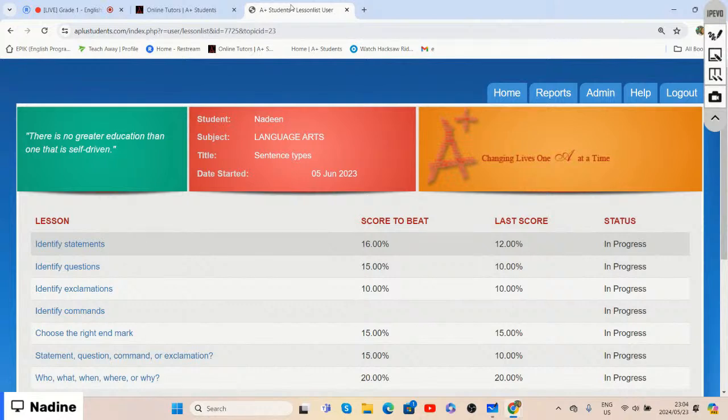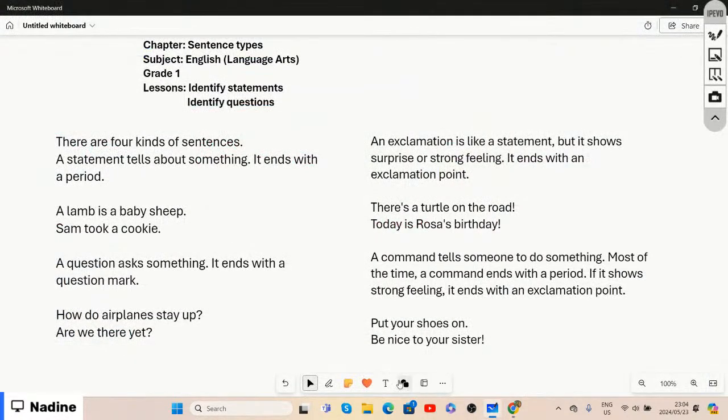All right. So we are doing our chapter on sentence types. Our subject is English Language Arts, grade 1.